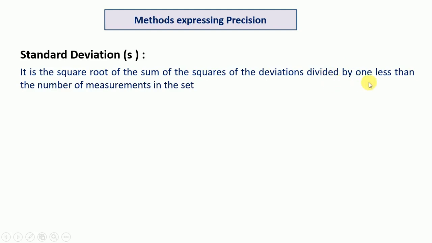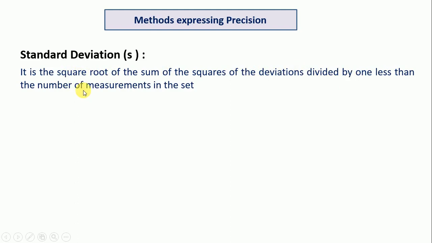So all deviations squared, divided by 5, and then the square root of all of this. This is the simplest meaning.